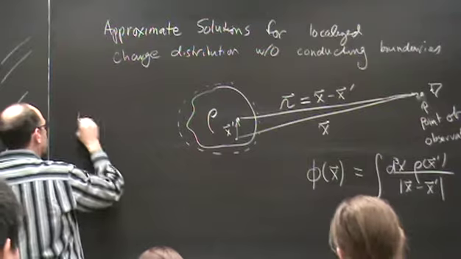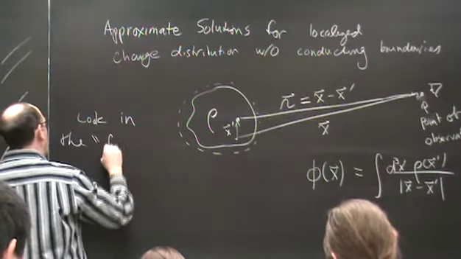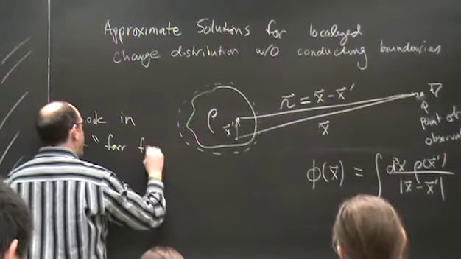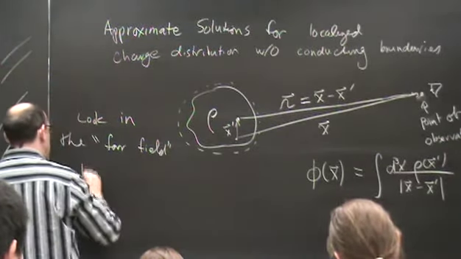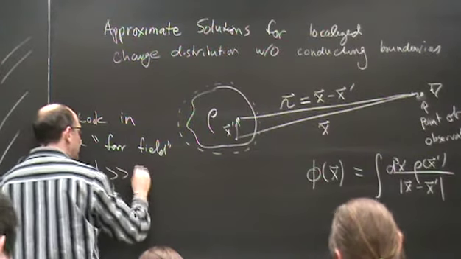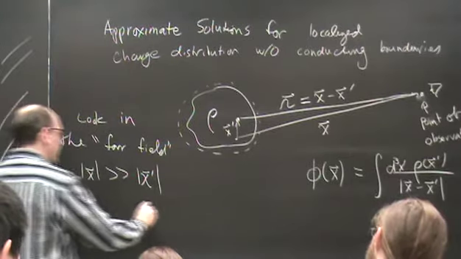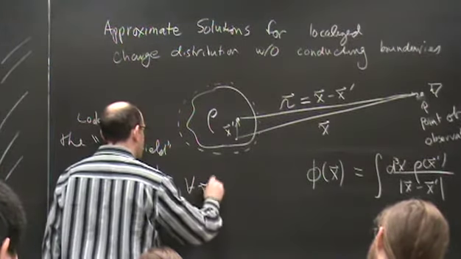We want to look at the case in the so-called far field, where the distance to the point of observation is much, much bigger than the distance to the source for all x prime.